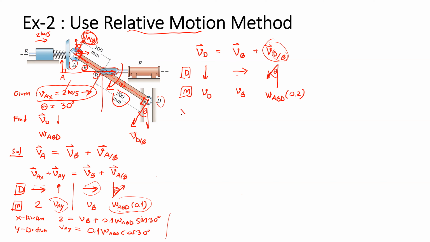So in the x direction, on the left-hand side is 0. On the right-hand side, we have VB and subtract by 0.2 omega ABD sine 30 degree. And for the y direction, we have minus VD.